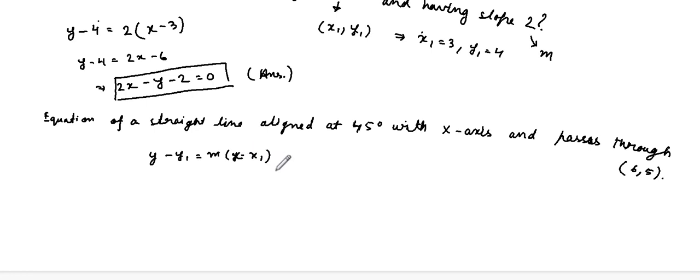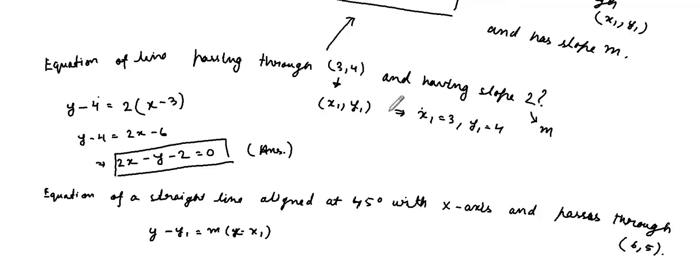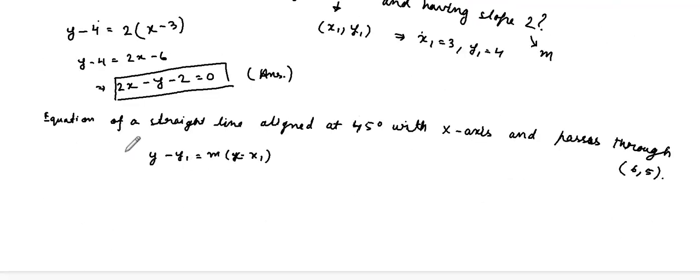So basically, this equation, I think you can see from here, although I have written it here again. So what will happen? The basic thing is that this m, I had already told you, is the slope of a line.